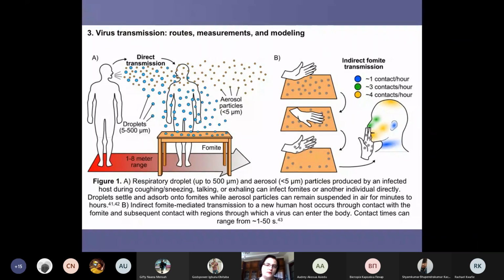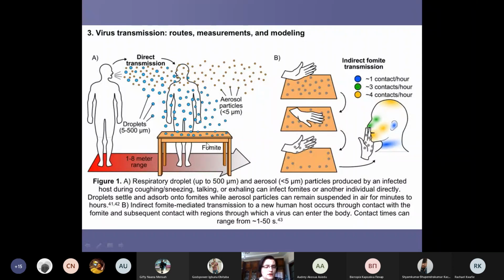A person susceptible to infection can then contract influenza by coming into contact with these particles, like here. Respiratory droplets are relatively large and travel less than 2 meters before falling onto nearby surfaces, like here.